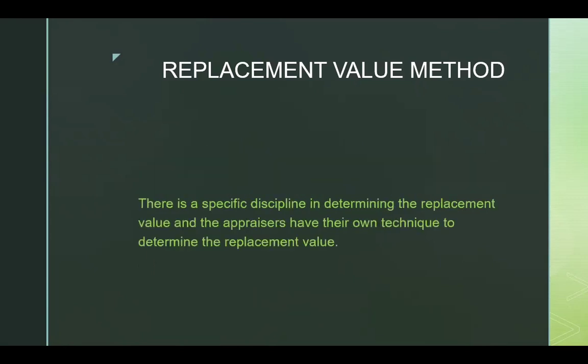There is a specific discipline in determining the replacement value, and appraisers have their own techniques to determine it. For example, insurance companies use the replacement value in determining the appropriate insurance premium to be charged to their clients.